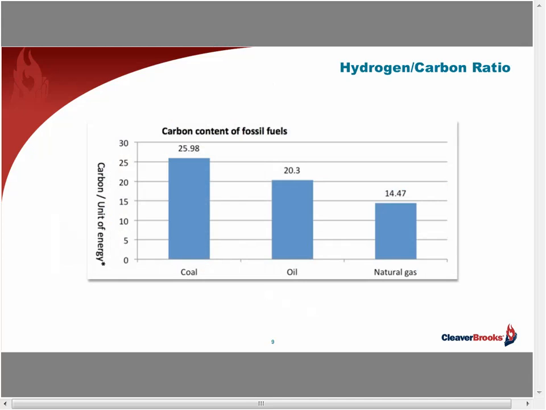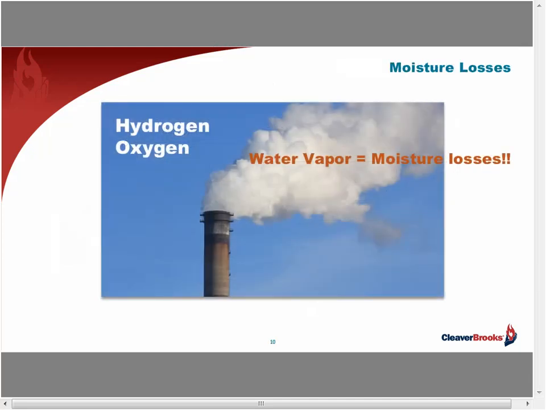Note, too, the amount of carbon is the smallest with natural gas, meaning it has the lowest amount of carbon dioxide generation, which, of course, is of great importance to the environmentalists. But from an efficiency standpoint, it also contains the greatest amount of hydrogen. And then when combining with the combustion oxygen, the greatest amount of moisture generation, thereby netting an innate loss. So, it behooves us to burn this natural gas as efficiently as possible.